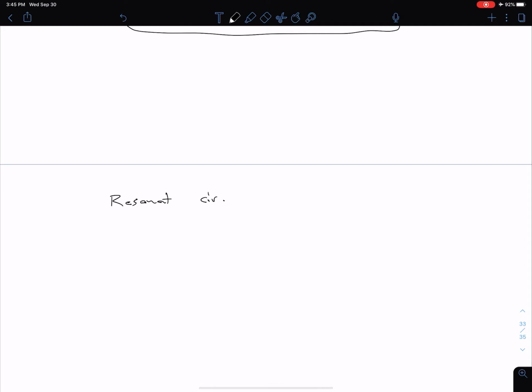So our resonant circuit is characterized by 5 related parameters. Again, we talked about 4 of them here.